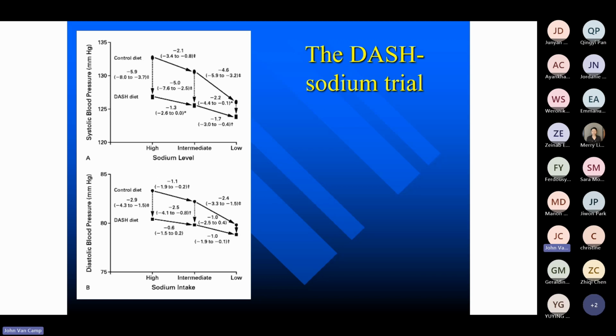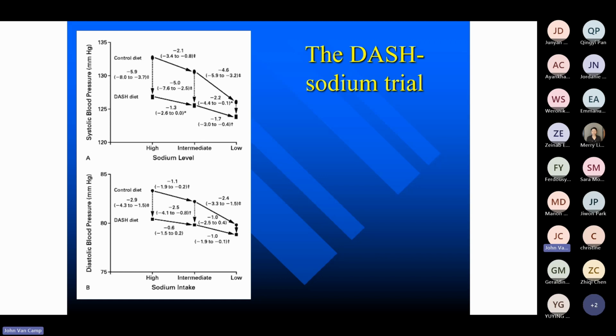So that's the lines from left to right. The second lines are from top to bottom, so the vertical ones. In those situations, 2 different diets were used. The first diet is called a control diet, which is the average American diet.